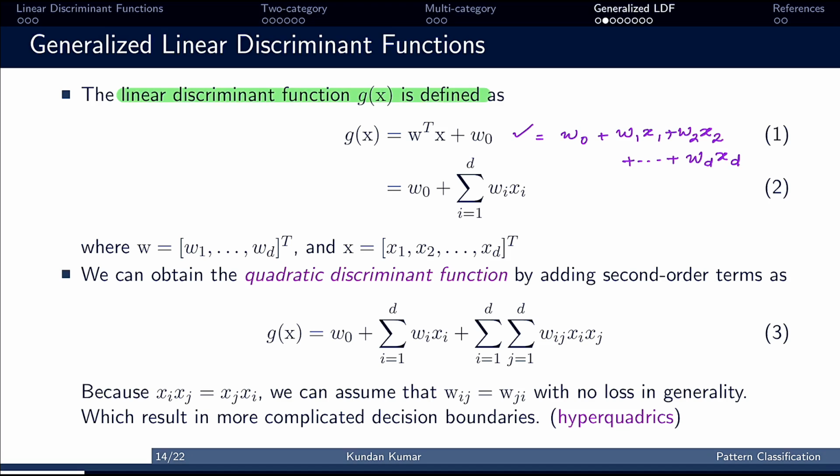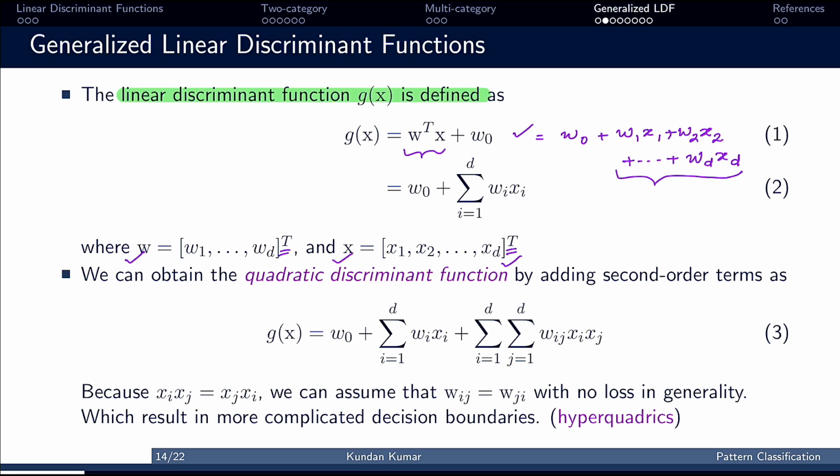Basically these terms are nothing but the inner product between the weight vector and the input feature vector, where the weight vector is given by this and input feature is given by this. And here the transpose is used because these vectors are the column vectors that we assume.